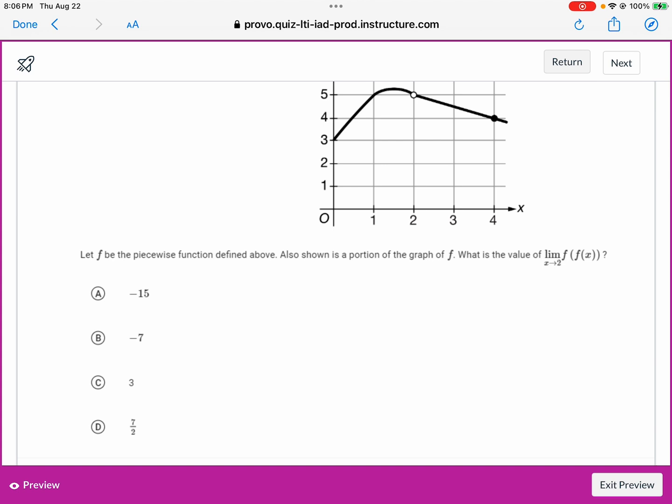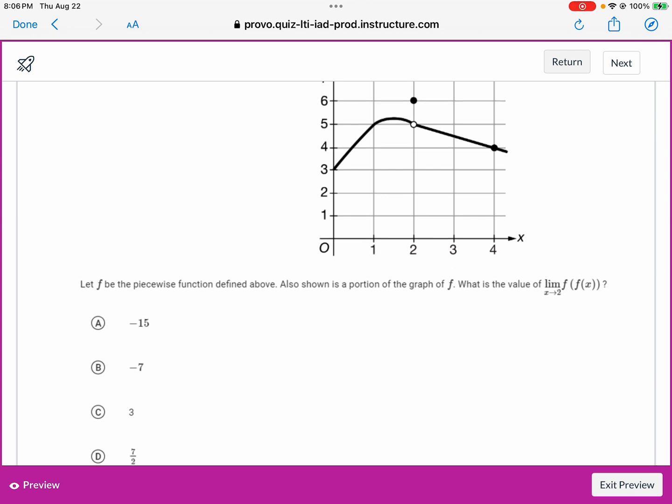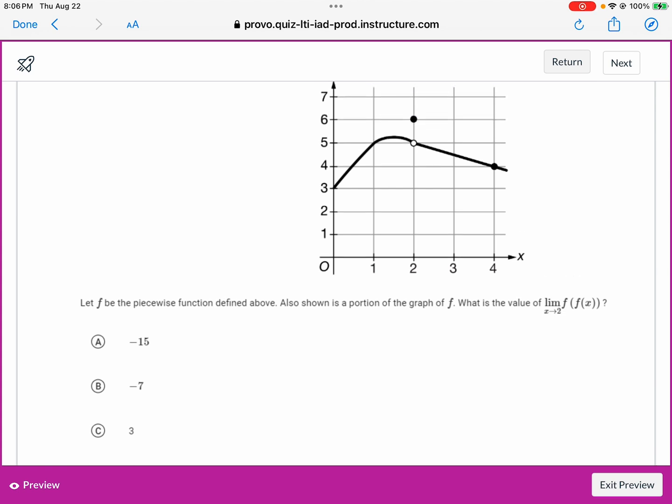Evaluate the limit as x approaches 2 of f of x. Now you will also have to note that the limit as x approaches 2 of f of x is 5, and you can see that it approaches 5 from above and below.